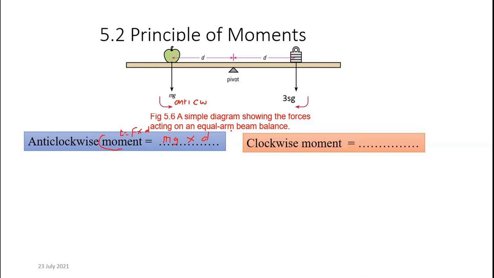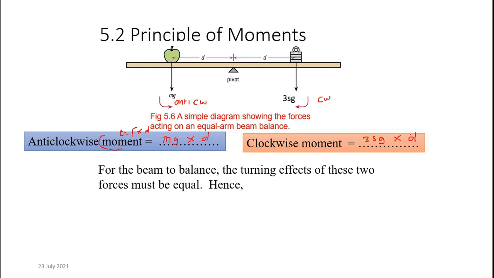Next, how about the clockwise moment? This is the clockwise moment: 3sg, 3sg multiplied by the perpendicular distance d. For the beam balance, the turning effects of the clockwise and anti-clockwise must be equal.